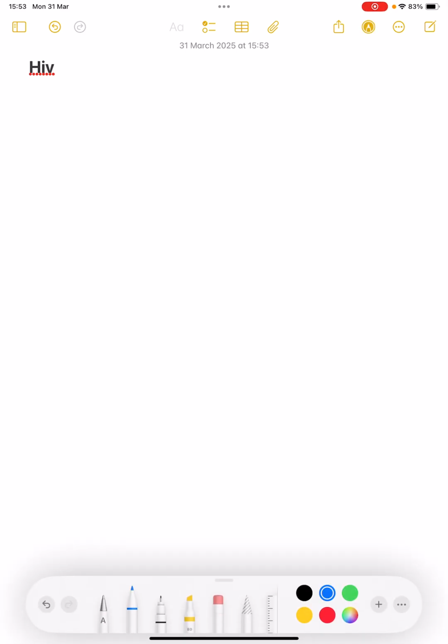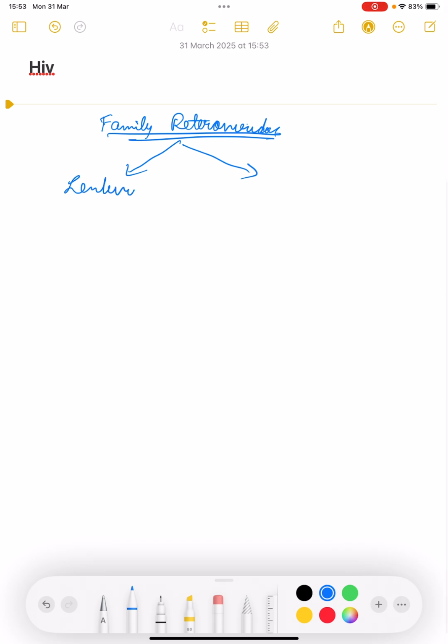Retroviruses are a group of viruses found in the family Retroviridae, which possess RNA as genetic material, and they have reverse transcriptase to convert the RNA into DNA to be integrated into the host. There are two genera here, the genus Lentivirus and genus Delta Retrovirus.